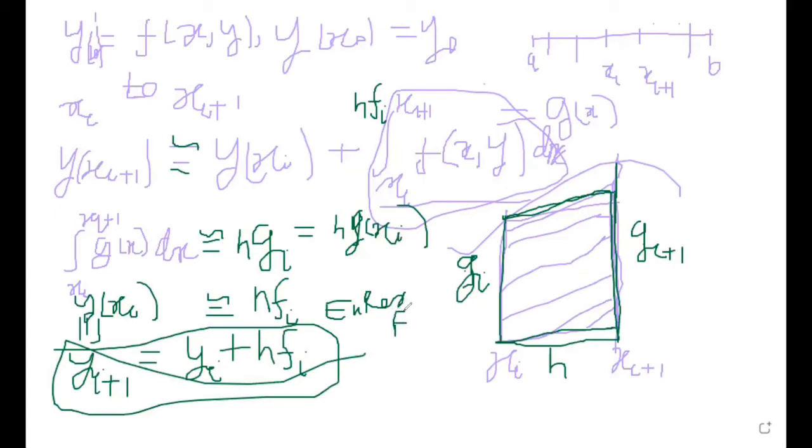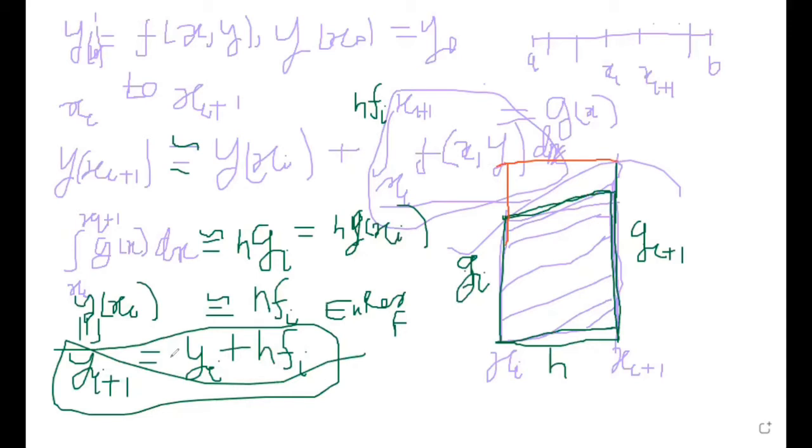Is there any other way to do the same thing? Yeah, we can do it another way also. For example, rather than this way, we approximate this curve from the upper side, and now this will be the rectangle. This thing is clear.